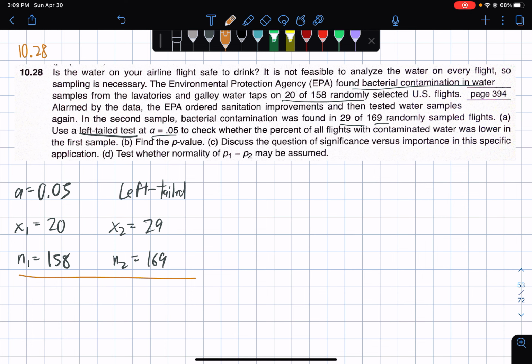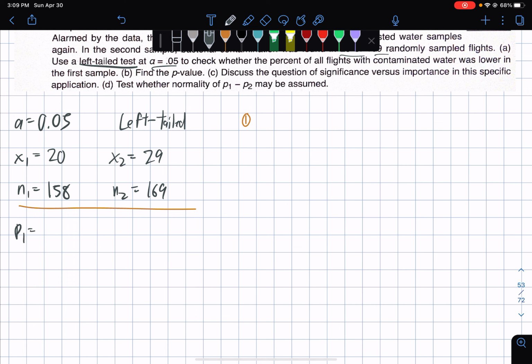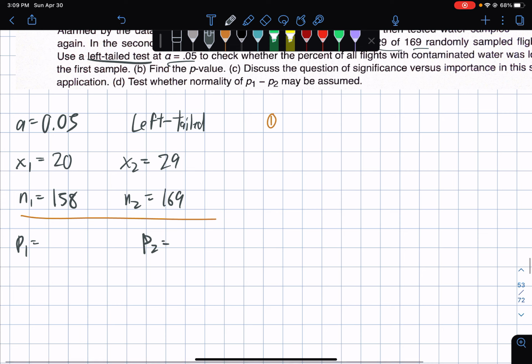Let's start with step 1. Wait, before we start with step 1, again, let's identify the P1 and P2 variables, and then later on the PC variable. So for P1 variable, it's x1 over n1, 20 over 158. In other words, that is 10 over 79. And then P2 is x2 over n2, that is 29 over 169.